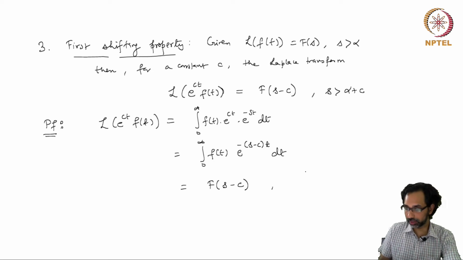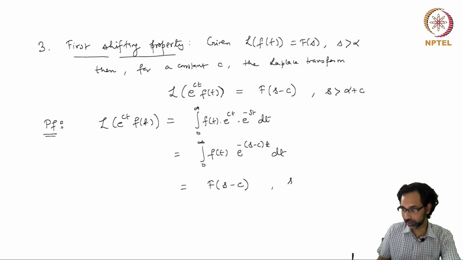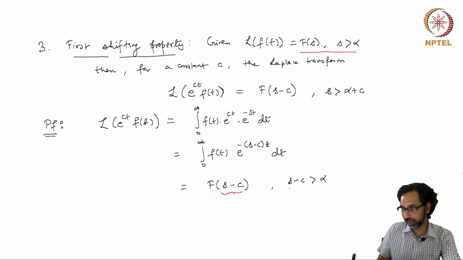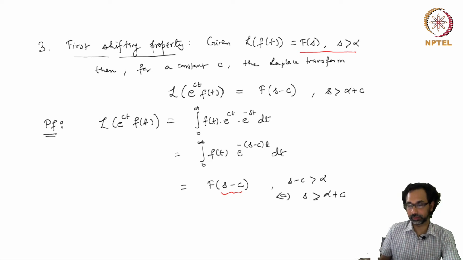So the only thing that remains is to compute the region of convergence, but we need s minus c to be greater than alpha because our initial function F(s) is defined for s greater than alpha. So this is nothing but s greater than alpha plus c.